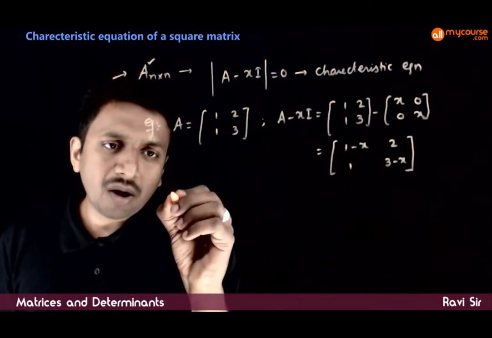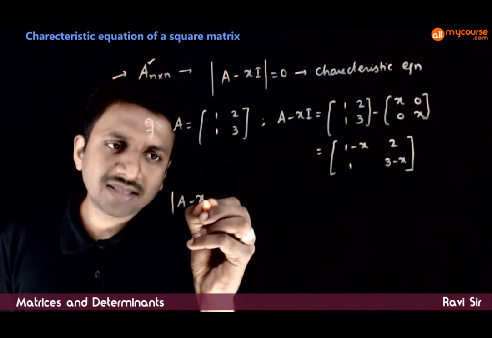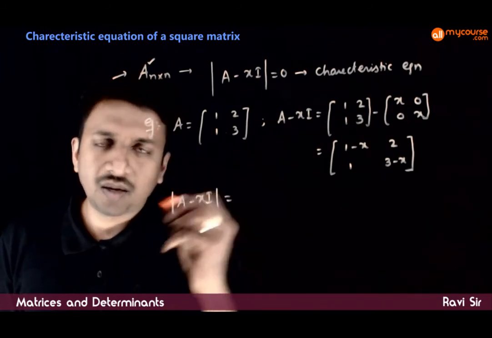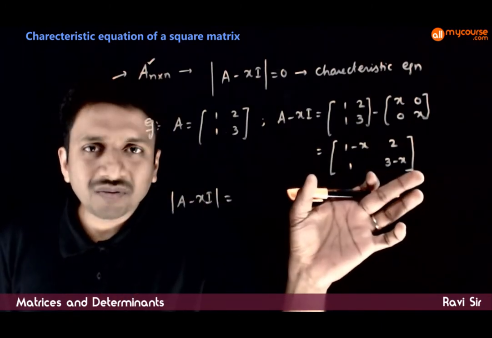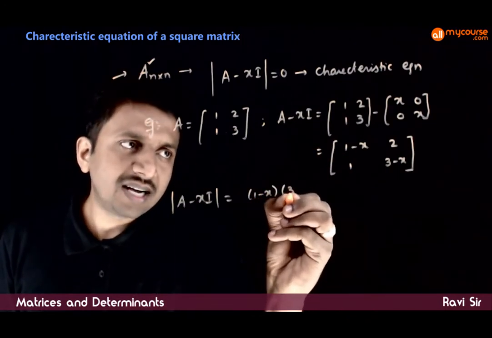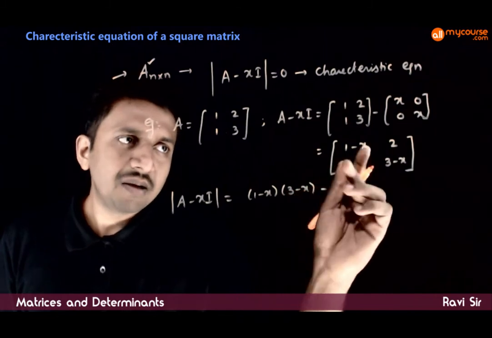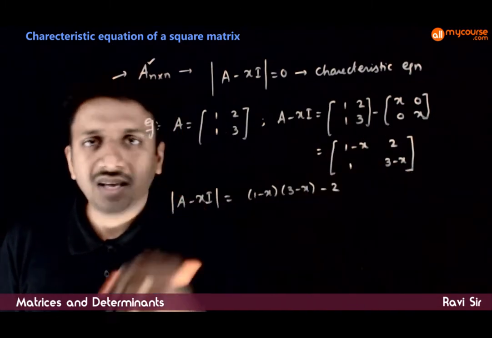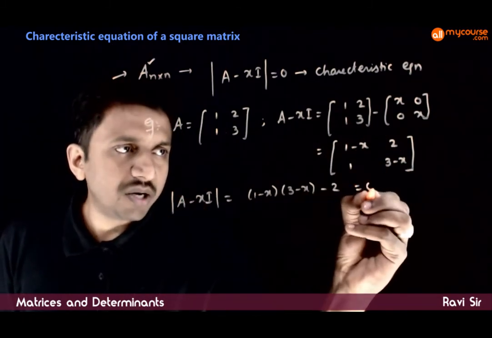So the determinant is 1 minus x times 3 minus x minus 1 into 2 is equal to 0.